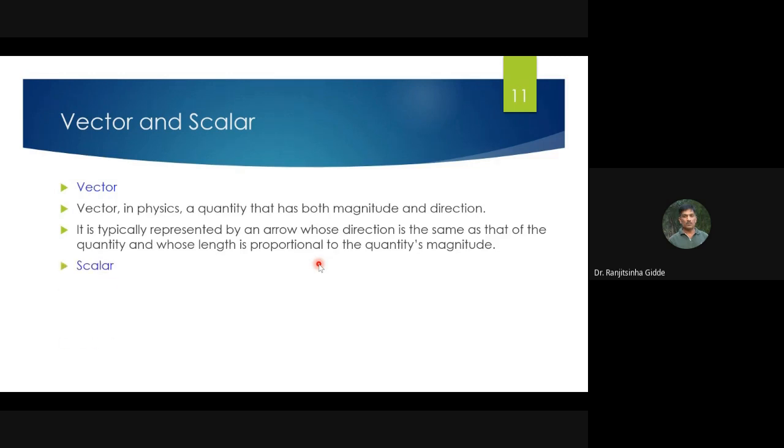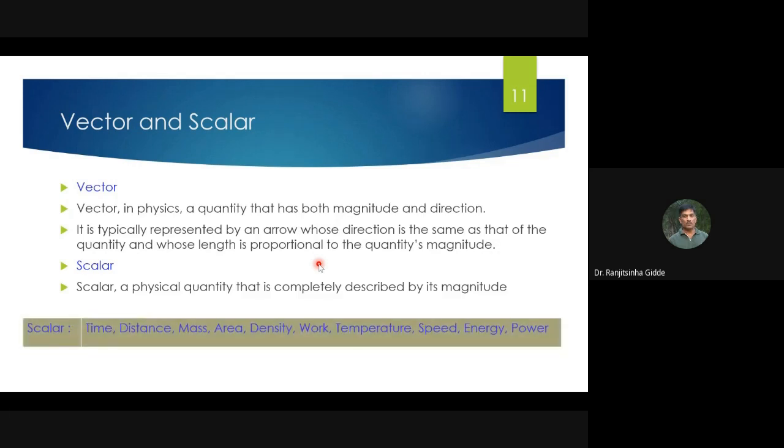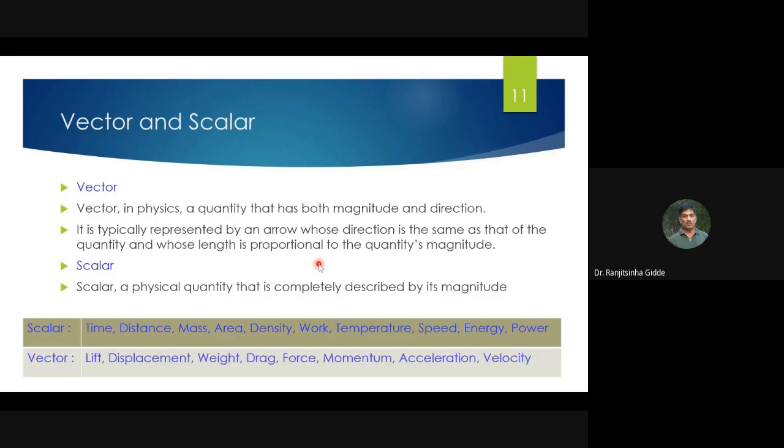Then next one, that is scalar. It is a physical quantity that is completely described by its magnitude. Some examples of scalars and vectors are given in two rows at the bottom.